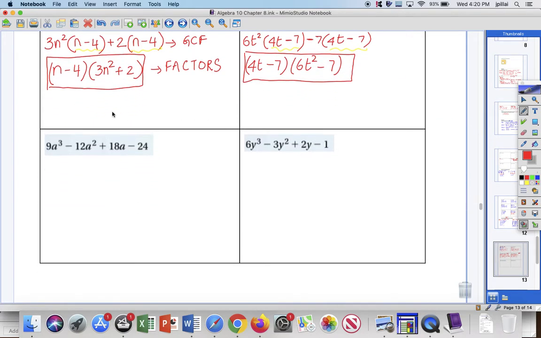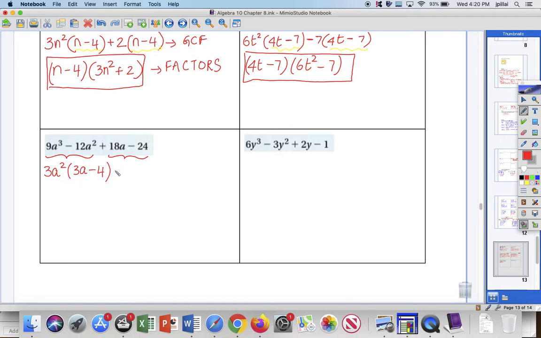Now, the last two. Same concept. You can try it yourself and then play the video to see if you're right or not. So look at that. If you did this group, I like that. Now 9 and 12, the greatest common factor would be 3. a cubed and a squared, it's going to be a squared. So you're left with 3a minus 4, right?